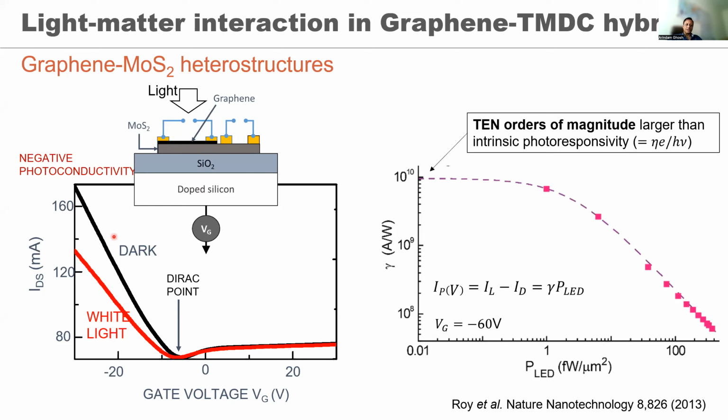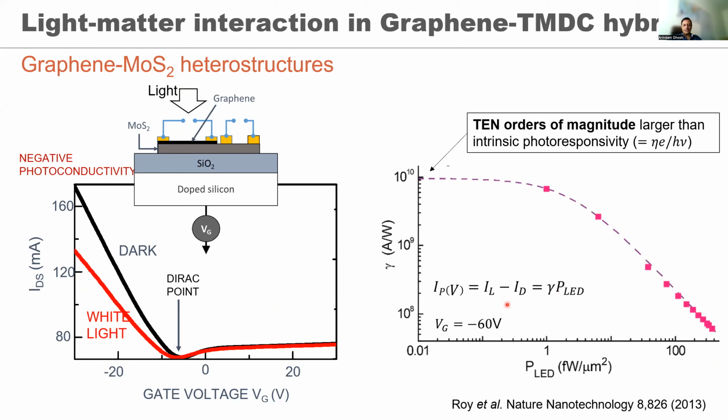And the responsivity, as I showed you earlier, is essentially the photocurrent, which is the difference between the dark current and the current in light. When I divide the photocurrent by the power of the light that we have shone on the structure, this number turns out to be enormously large, on the order of 10 to the power of 10 or so.